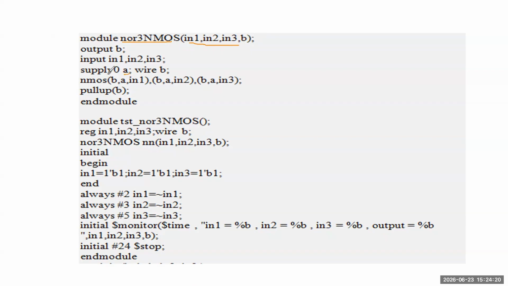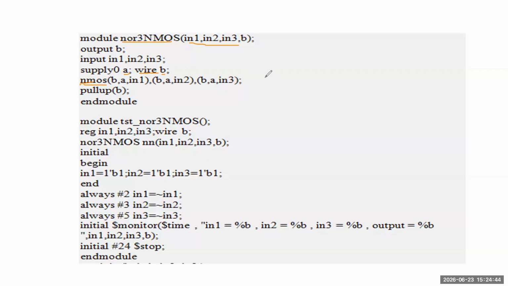Net A is connected to supply 0. The intermediate signal called B, which is nothing but the output, we are declaring it as the wire declaration. Then 3 lower transistors, enhancement MOSFET transistors are used. We are instantiating the ideal MOS switch as NMOS.